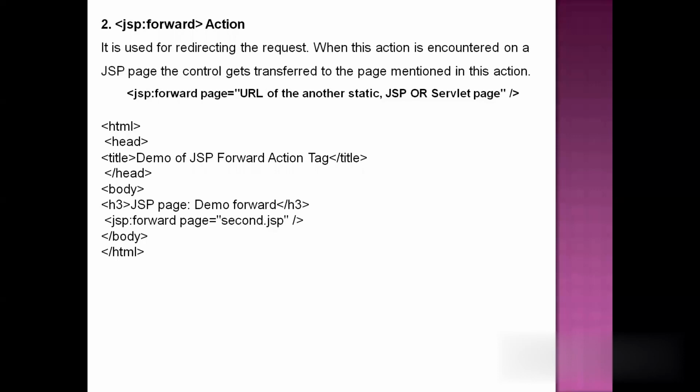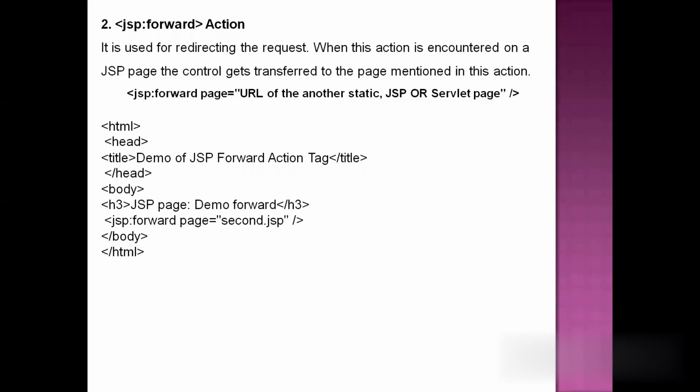Okay, so in servlets, the same thing will be achieved. Here we have the JSP action tags, include tag and JSP forward tag, for including file contents and for forwarding your content to the next page. But in the servlet, the same action will be done with the help of the RequestDispatcher interface methods.